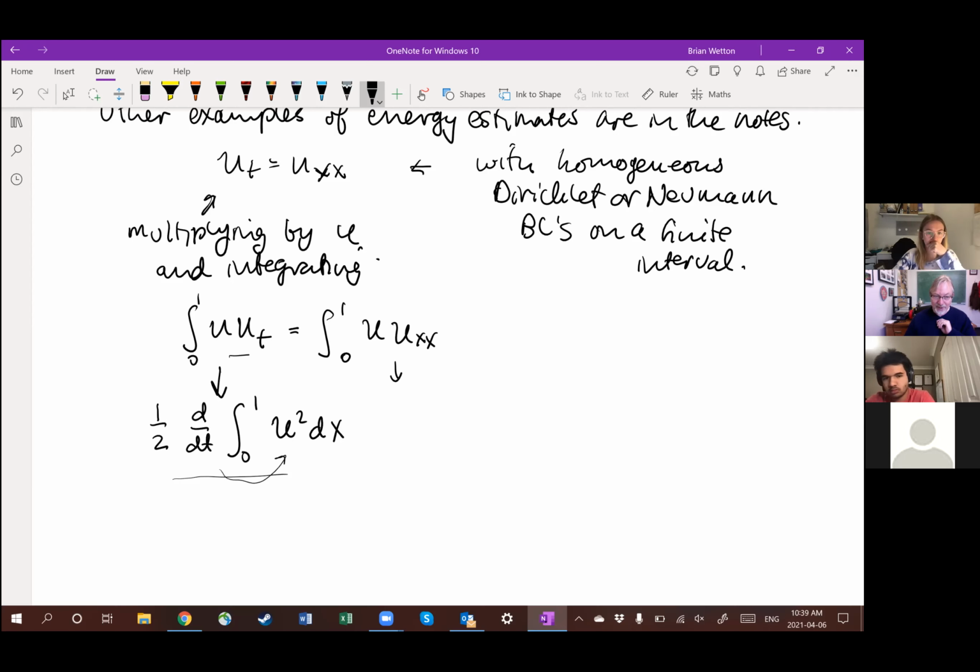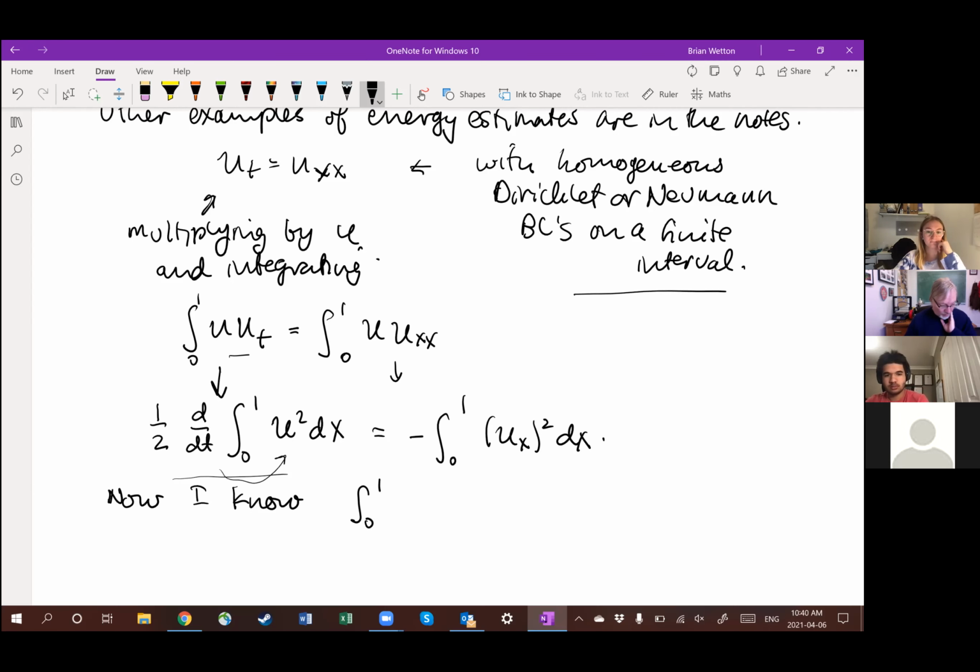This one I'm going to integrate by parts and use the homogeneous boundary conditions to show that there's no boundary terms. And so now I know that the integral from 0 to 1 of u squared of x and t dx is decreasing in time. So as well as a maximum principle, I know that this quantity is also smaller than the quantity at time 0.